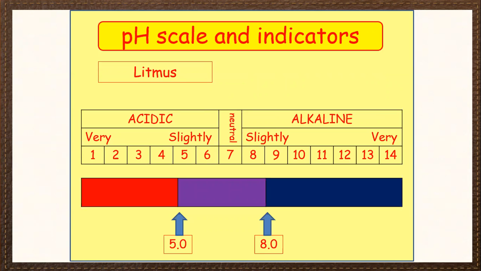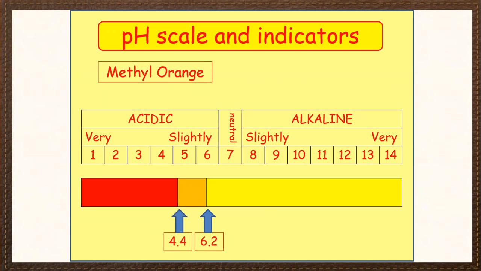Litmus, acidic and alkaline, in between that, strongly alkaline, the blue litmus converts into red. Alkaline, if 8 is there, then it converts into blue litmus. Red converts into blue.